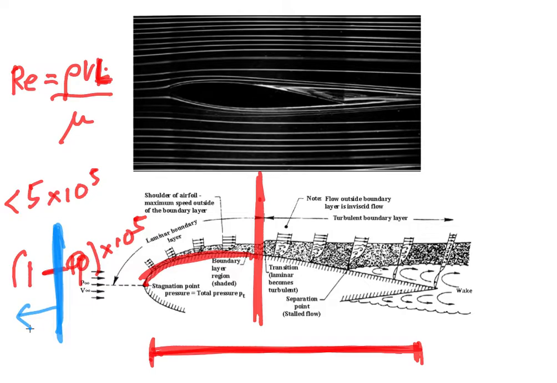And if it is greater than 5 times 10 to the power of 5, it can be considered a turbulent boundary layer. The boundary layer is also influenced by the surface roughness. If you have a greater surface roughness here, it will create a turbulent boundary layer earlier than expected.